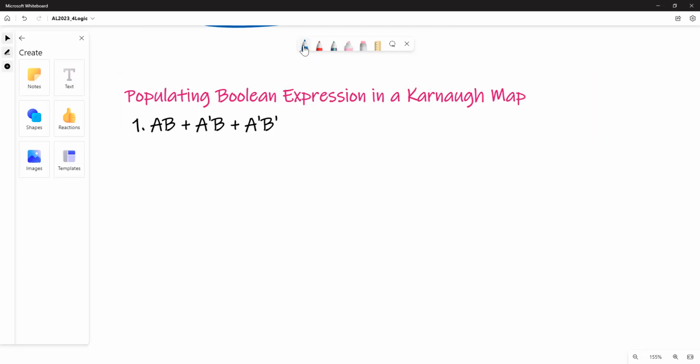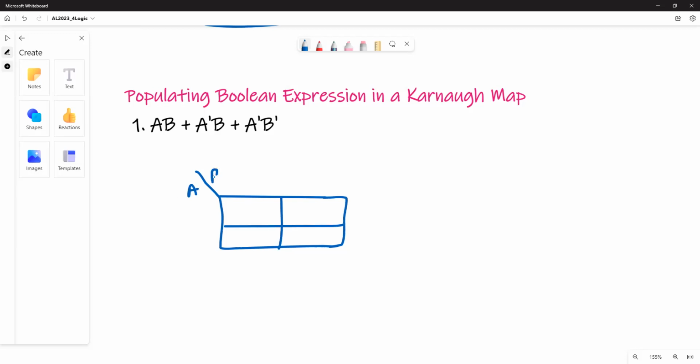So we already know in two variable case in Karnaugh map, we have 2 to the power 2, that means 4 cells. So we need to draw 4 cells to represent the values, right? So one side we have A, the other side we have B, right? So this could be either 0 or 1. This could be either 0 or 1.